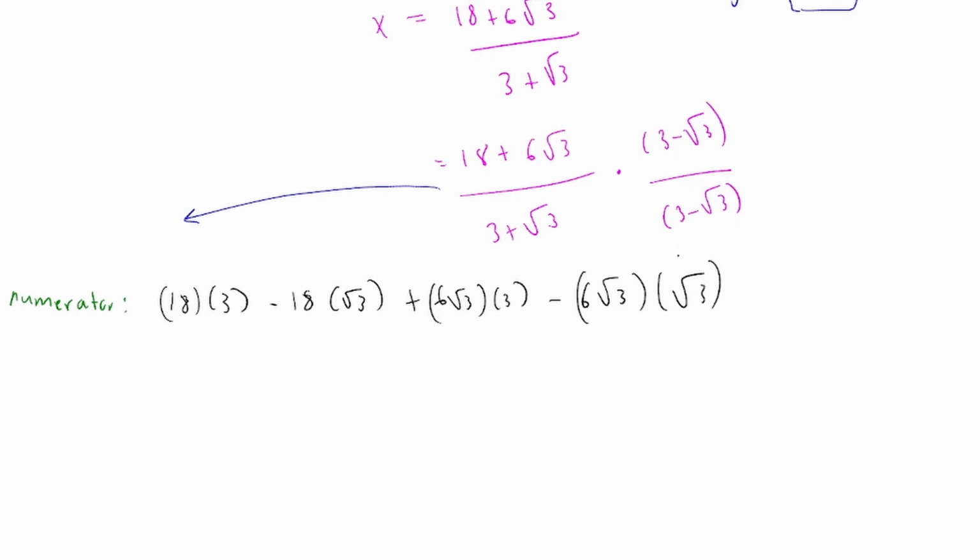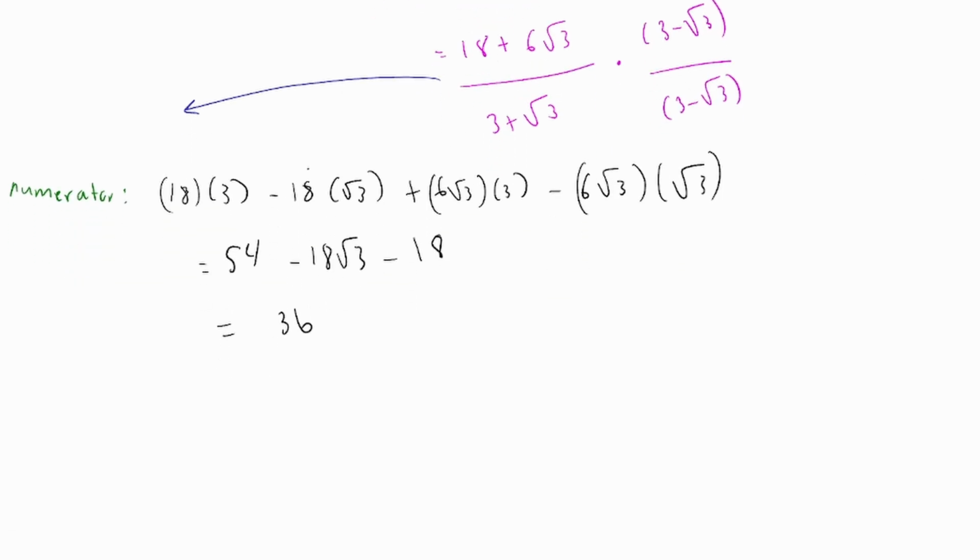So this is going to be equal to 54, 18 times 3, minus 18 root 3, plus 18 root 3, minus the totality of 18. And this will give us an answer of 36. So we found our numerator.